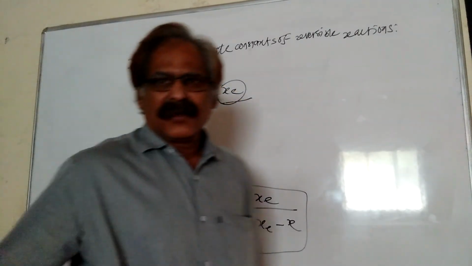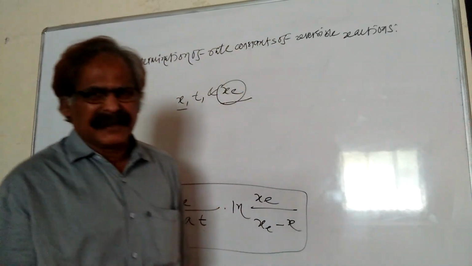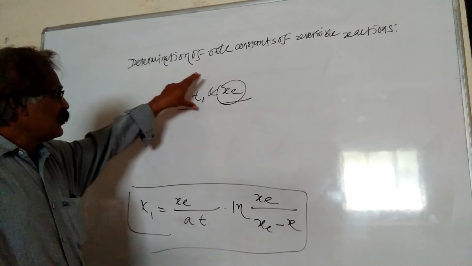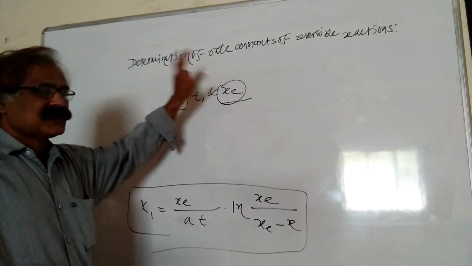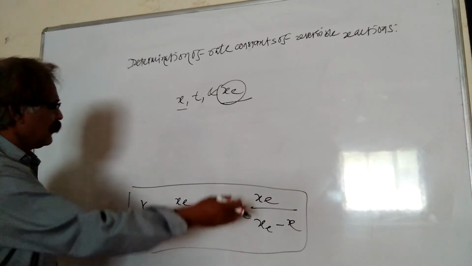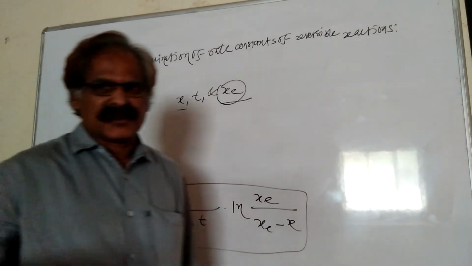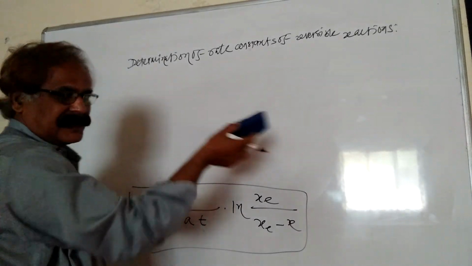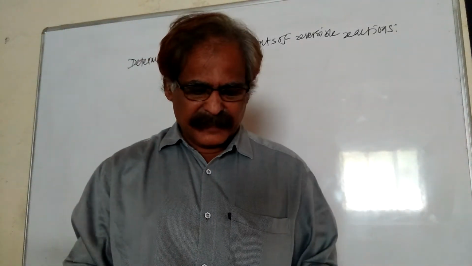So we can determine the values of x, t and xe, and once we know all these values, we can find out the rate constant k1, the rate constant of forward reaction.